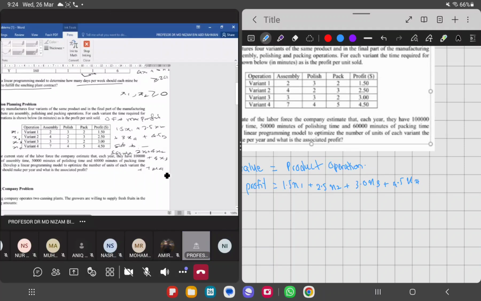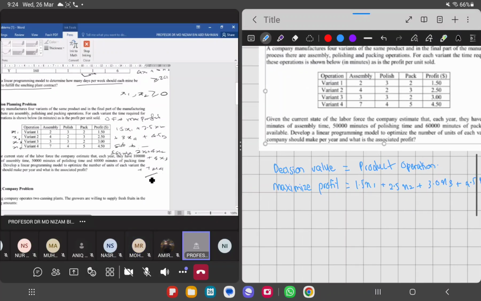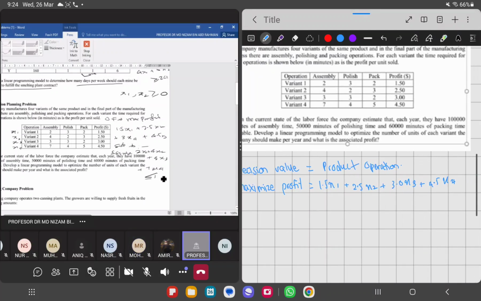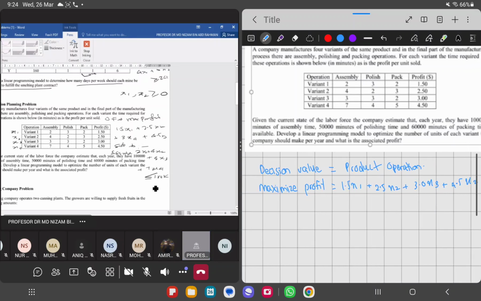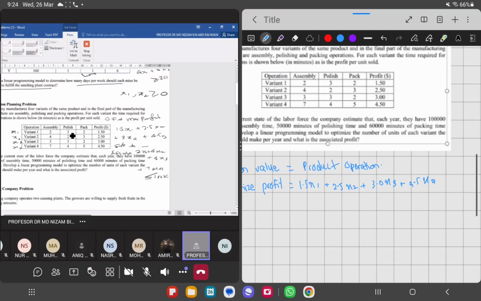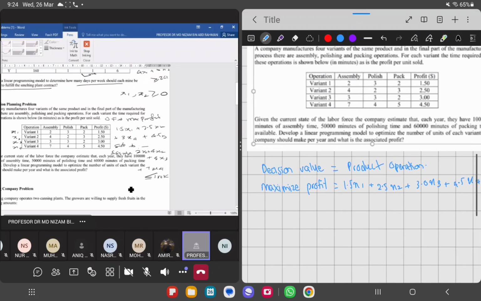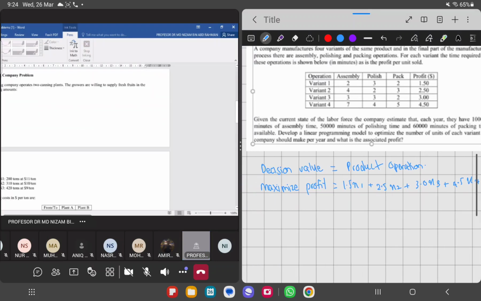So this will be less than or equal to 100K, right? The same goes for polish and packing. And then x1, x2, x3 greater than or equal to 0. So this is quite straightforward. Let's look at this.